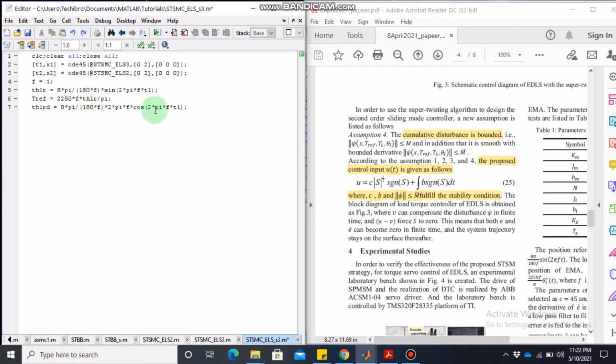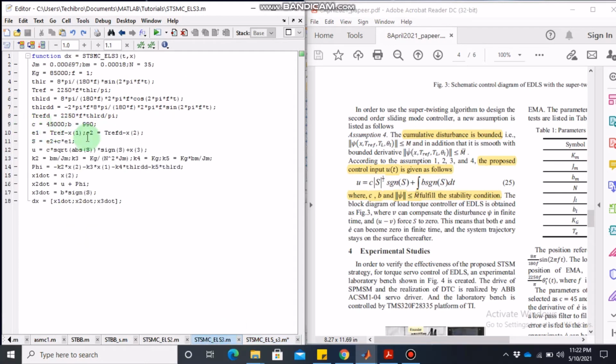This T1 here, here and here is this T1, which will have a lot of data points. Then we have theta LR double dot as in the other file we defined, and tau reference dot. Then we have C and B, the same values as defined here in the sliding mode control.